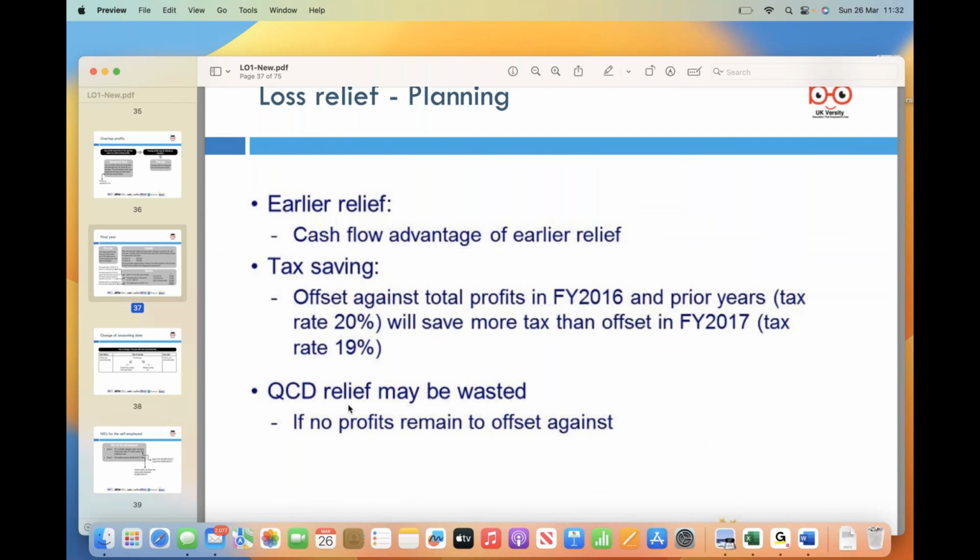It is also very important to consider the possibility of wasted QCD, that is charitable donation relief, if there is no profit left to offset against.